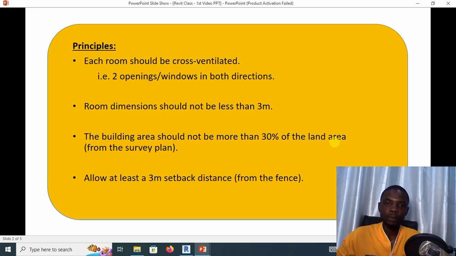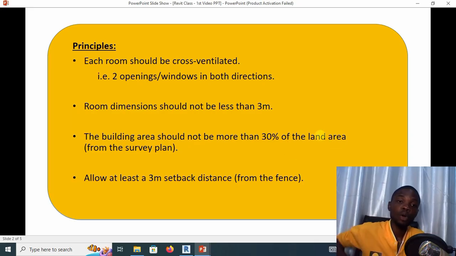A standard room is rectangular, right? So on adjacent sides of the room, you should have openings, either in form of windows or in form of any other opening. And what I mean by adjacent sides, of course, is sides that are at 90 degrees to each other, right?